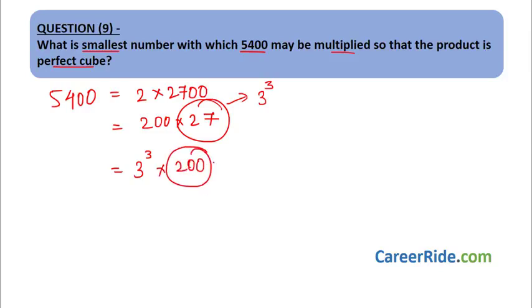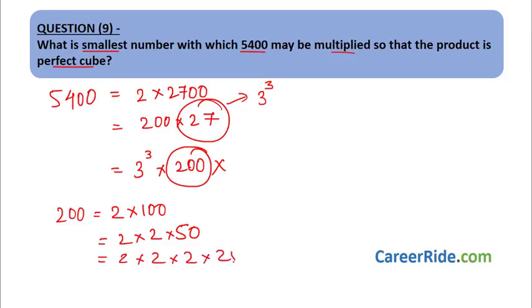Now 200 is not a perfect cube. Let's see how to make 200 a perfect cube. What are the factors of 200? 200 is nothing but 2 into 100, that is 2 into 2 into 50, or we can write 2 into 2 into 2 into 25. So we have 2 cube into 5 square, or 5 into 5. Now 2 again is a cube, so this is in cube format, 3 is in cube format.